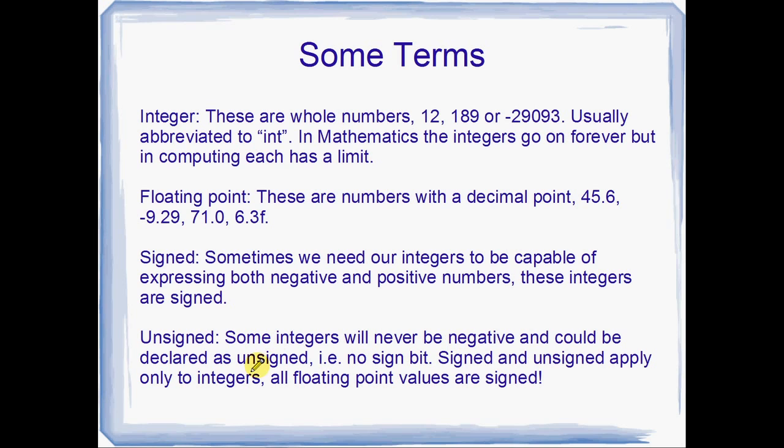So if you've got an integer and you know that it'll never logically be negative, you can use an unsigned integer to store that, an unsigned variable. There's no sign bit. Signed and unsigned apply only to integers. All floating point values are signed automatically, whereas integers we get to choose whether they're signed or unsigned.